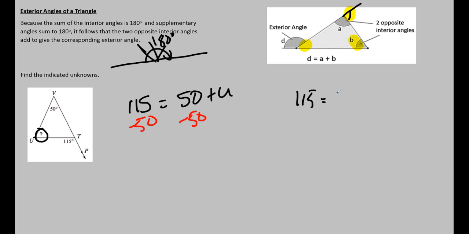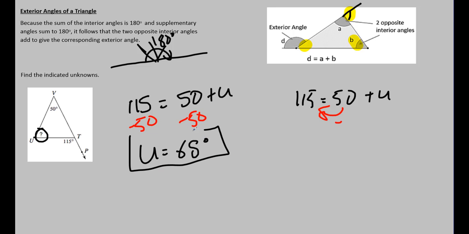You should be able to just do it like this, like you're bringing it over to the other side and subtracting. So then 115 minus 50 gives you your U value. So U is equal to 65 degrees. And that's my final answer.